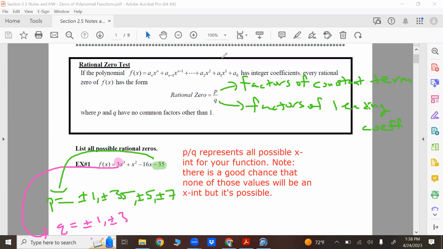So when I do P over Q, what am I dividing? I'm dividing plus or minus 1, plus or minus 5, plus or minus 7, plus or minus 35, all over plus or minus 1 and plus or minus 3.